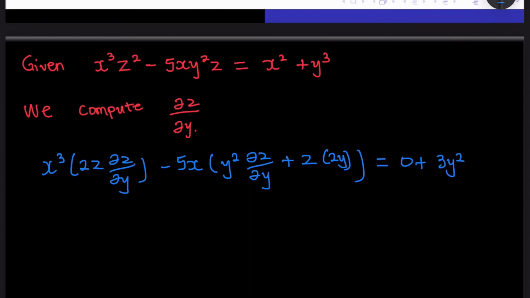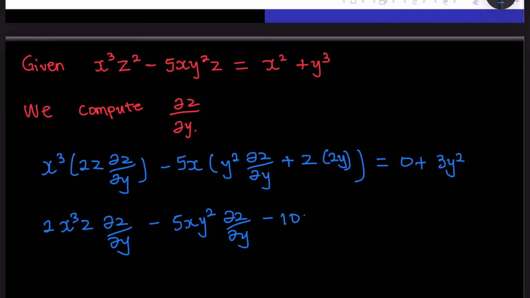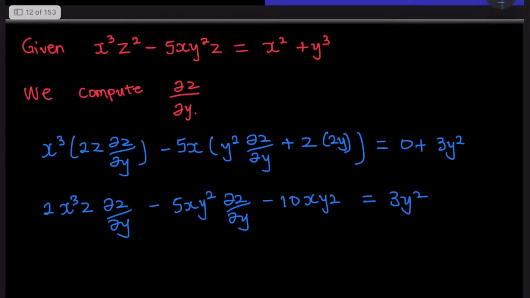So let's simplify further. We are going to have 2x cubed z ∂z/∂y minus 5xy squared ∂z/∂y. 5 times 2, that's 10, then xyz is equal to 3y squared. Now let's group the terms with ∂z/∂y on one side and the terms without ∂z/∂y on the other side.